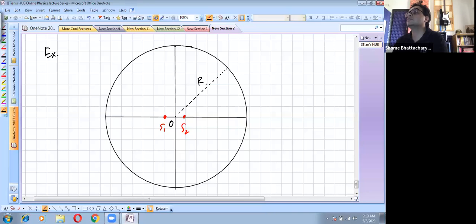The circle is of radius r, and now there is a detector moving along this circular path.